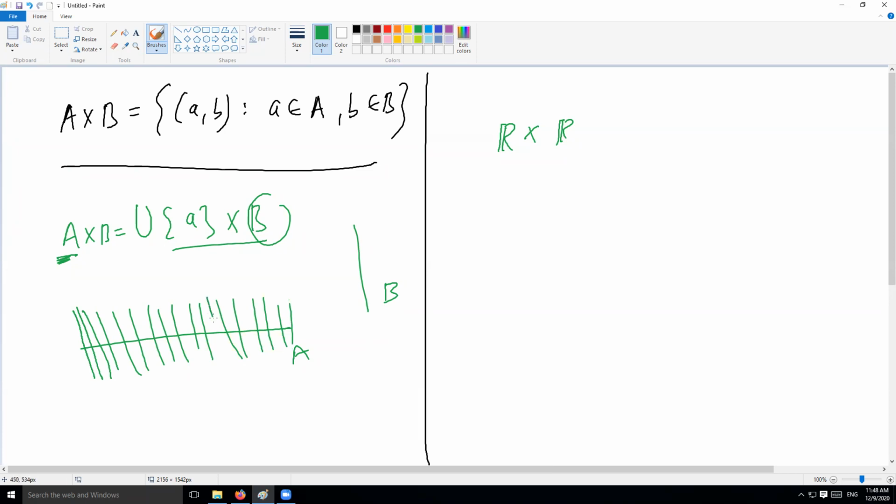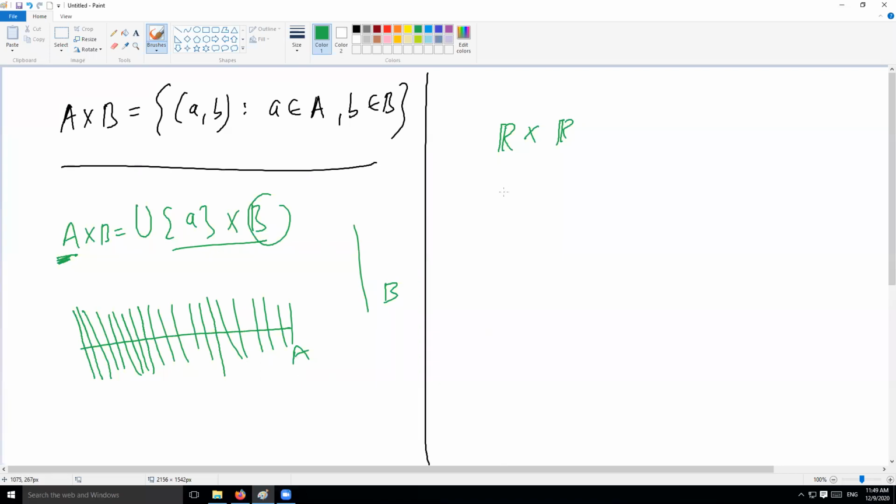You have to do this on all points. I have left many points inside, but assume that to all points I have attached a copy of B.